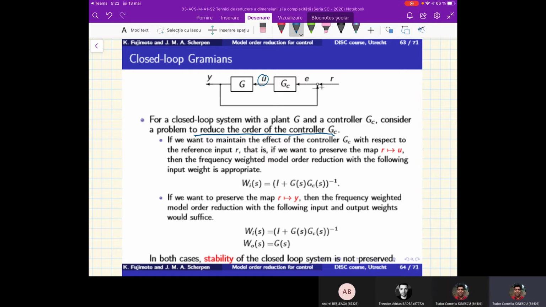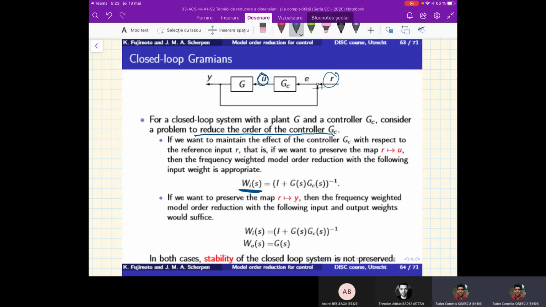If we want to maintain the effect of the controller GC with respect to the reference input R, so if we want to preserve the map from the reference to the control, then you apply frequency weighted model reduction, where you use this input weight.